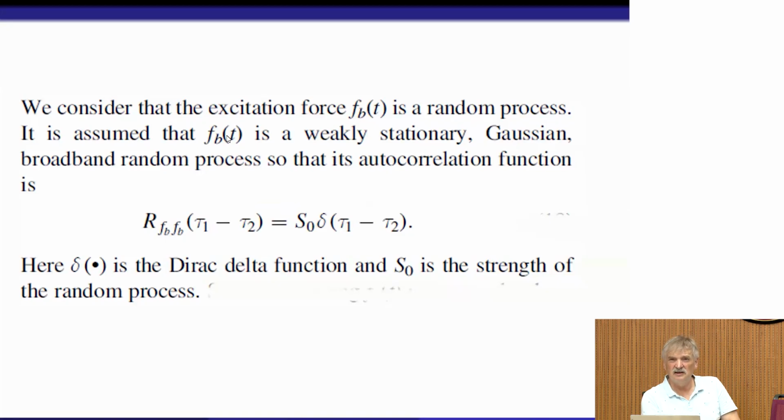You see that this Gaussian random process is characterized by the autocorrelation function, and this autocorrelation function is for uncorrelated noise. So you have correlation only if you have events at the same time.